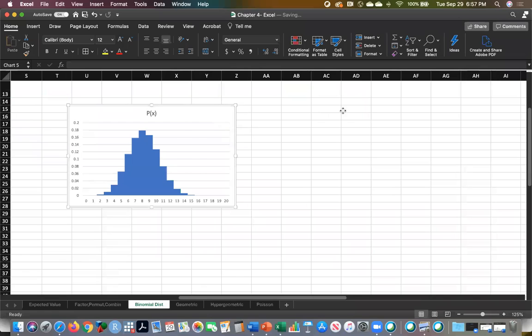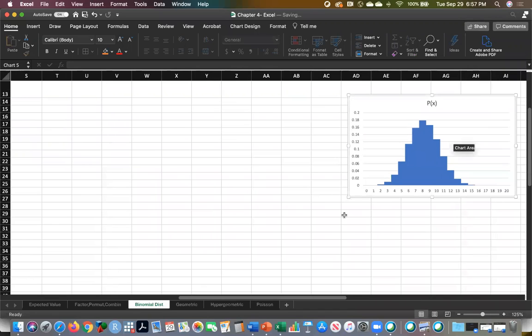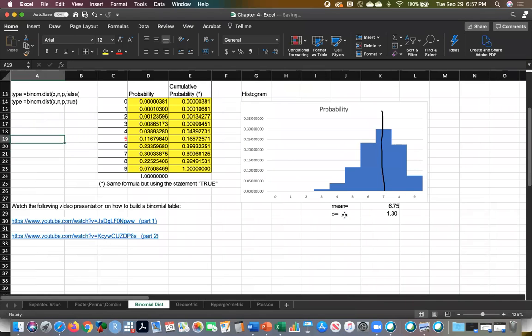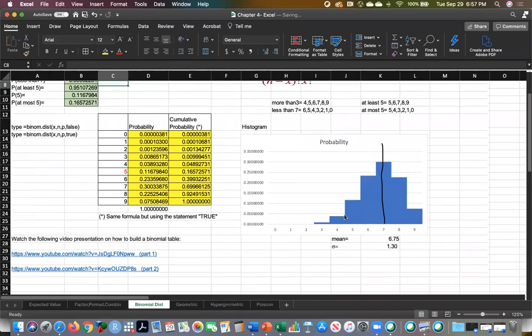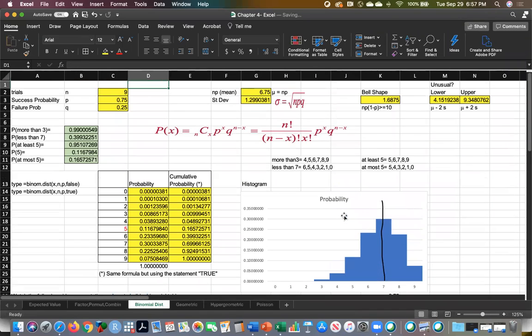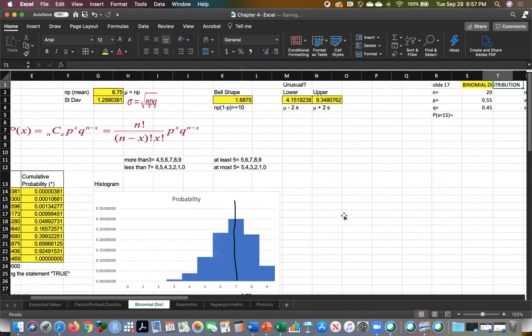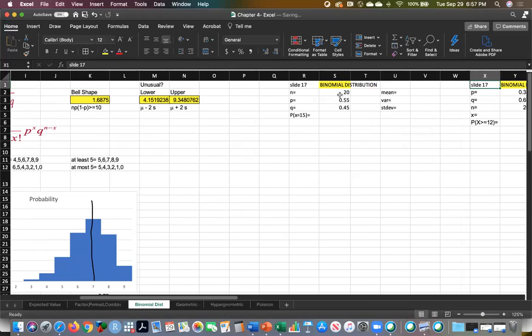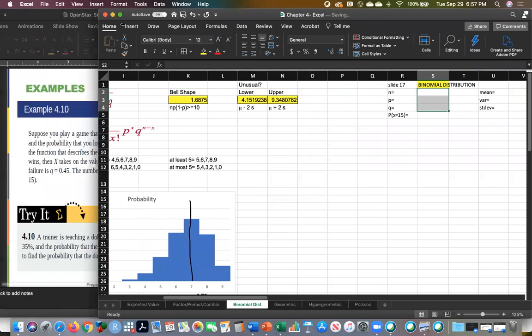I'm going to move this graph over here. Now I am able to see the other cases, right? So that's what you get basically in your Excel assignment. No, not your Excel, in Sapling Learning.